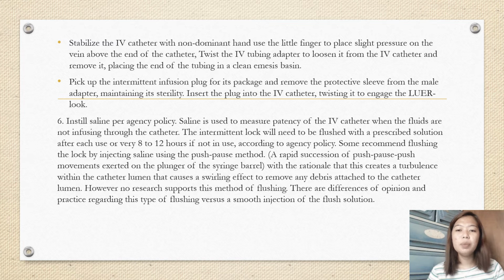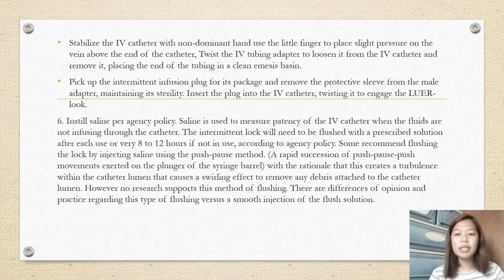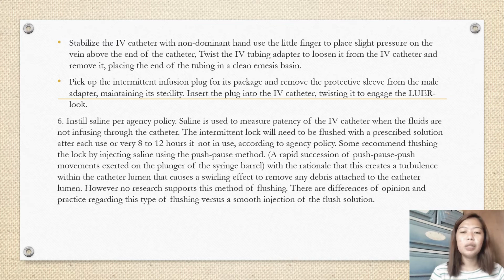Twist the IV tubing adapter to loosen it from the IV catheter and remove it, placing the end of the tubing in a clean emesis basin. Then pick up the intermittent infusion plug from its package and remove the protective sleeve from the male adapter, maintaining its sterility. Insert the plug into the IV catheter, twisting it to engage the locking threads.